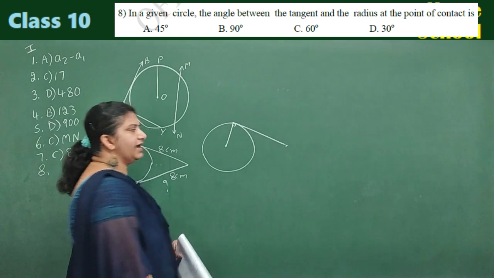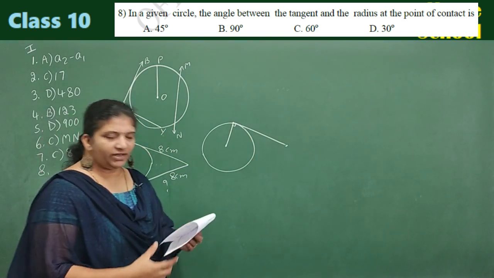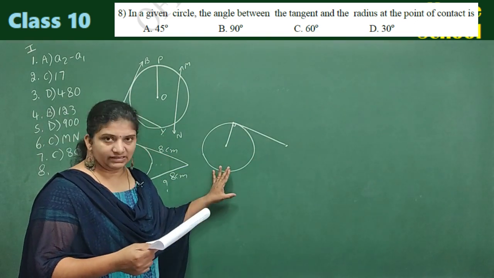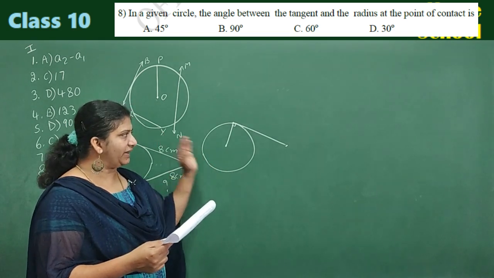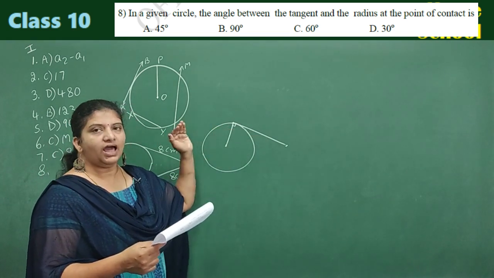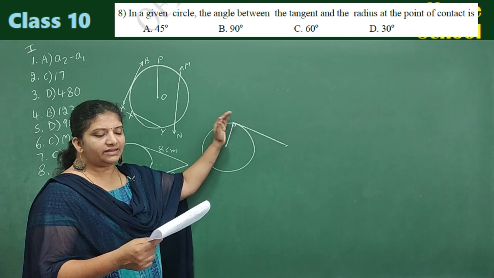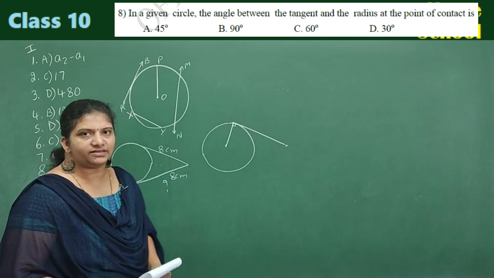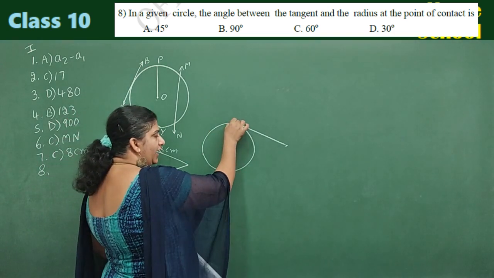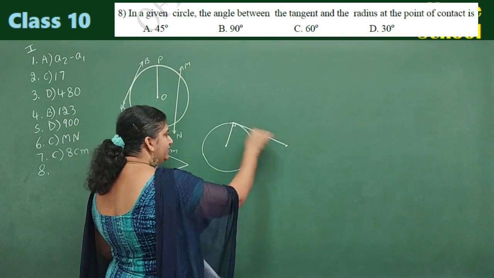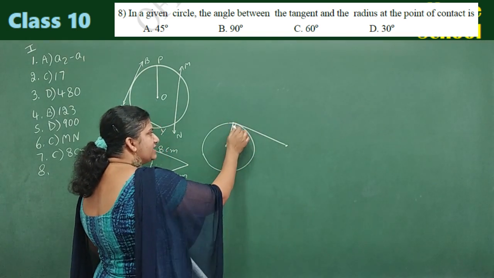See, what is this angle is your question. Let me read again. In a given circle, the angle between the tangent and the radius at the point of contact is. Point of contact, tangent, radius. What will be this angle?